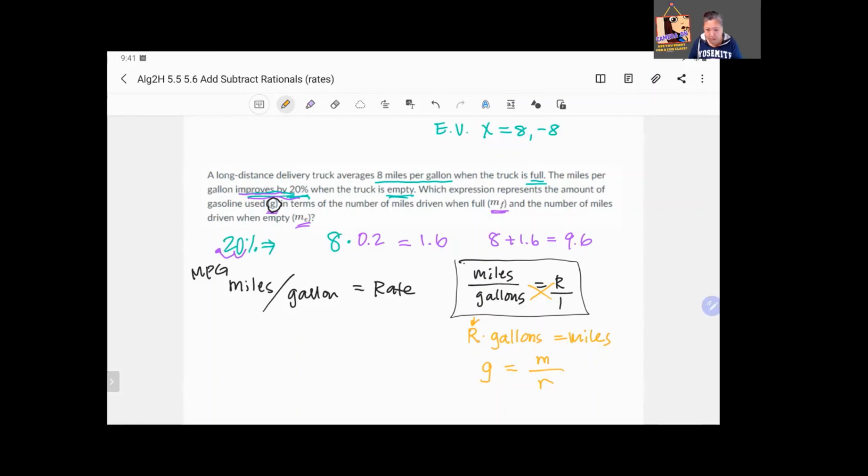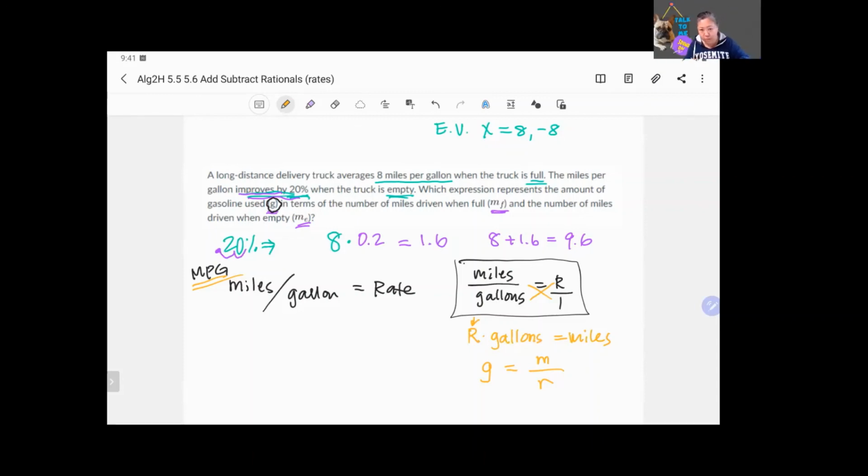Okay, do you follow my logic so far? We started from the MPG because this is the main idea of the whole situation. MPG is nothing but miles over gallons, which makes the rate, the energy efficiency rate. Then to model the situation, what we're getting is not the rate but the gallons.